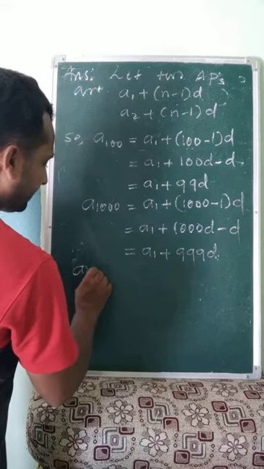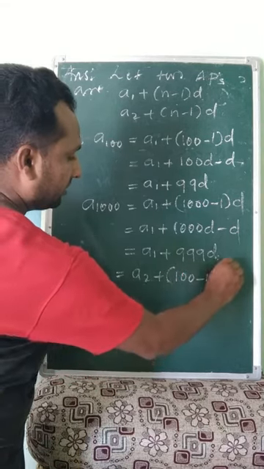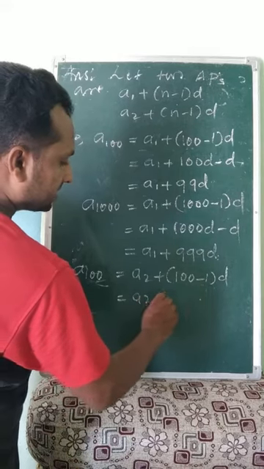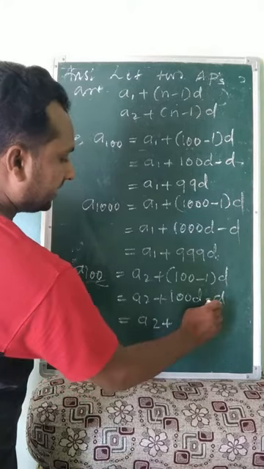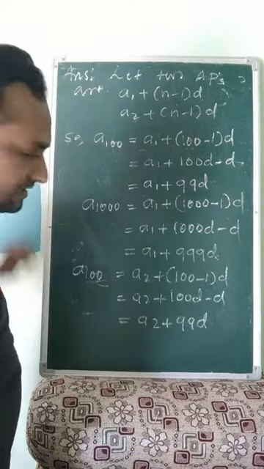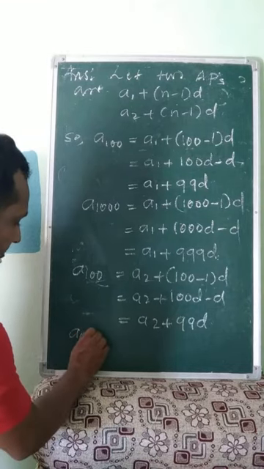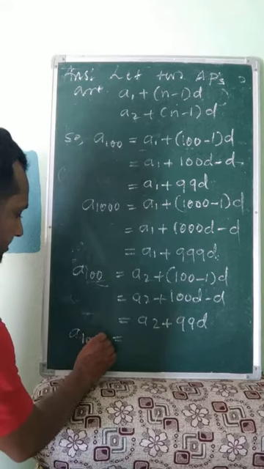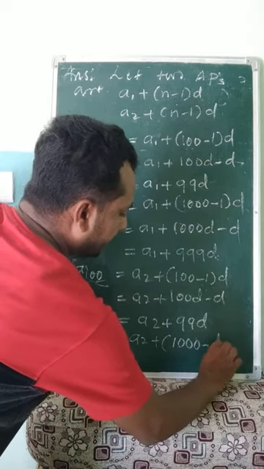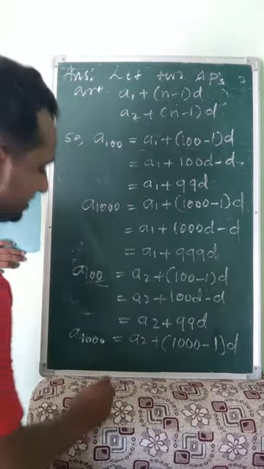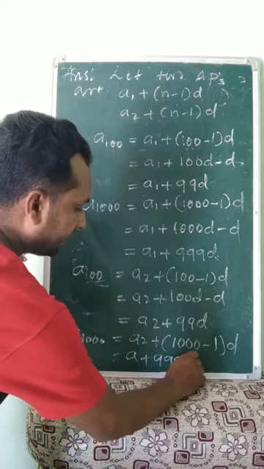Therefore A100 is equal to A2 plus (100 minus 1) into D, which is A2 plus 100D minus D, so A2 plus 99D. Clear? Now similarly the second AP's 1000th term: A1000 is equal to A2 plus (1000 minus 1) into D, so A2 plus 999D.